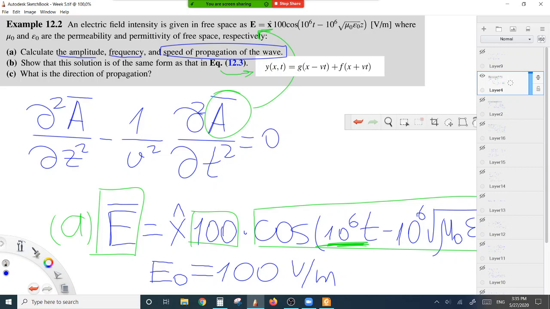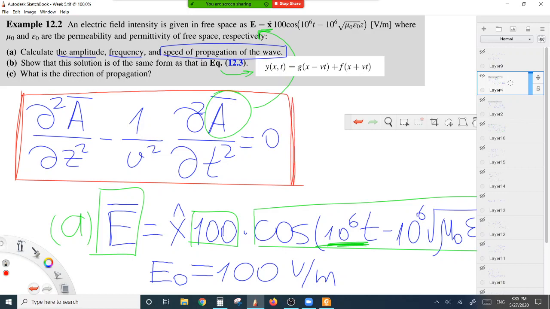In order to find the speed of propagation of the wave, we take the equation of the vector wave and apply it to our electric field in order to find the speed of propagation.